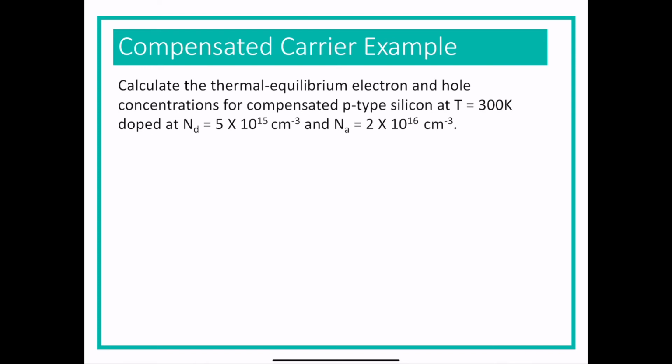The number of acceptors is 2 times 10 to the 16. The number of donors is 5 times 10 to the 15, and that's the same as 0.5 times 10 to the 16, which means, since I know that Ni is like 1.5 times 10 to the 10, I am expecting that the number of holes, because there are more holes than electrons, is going to be Na minus Nd, which would be 1.5 times 10 to the 16.